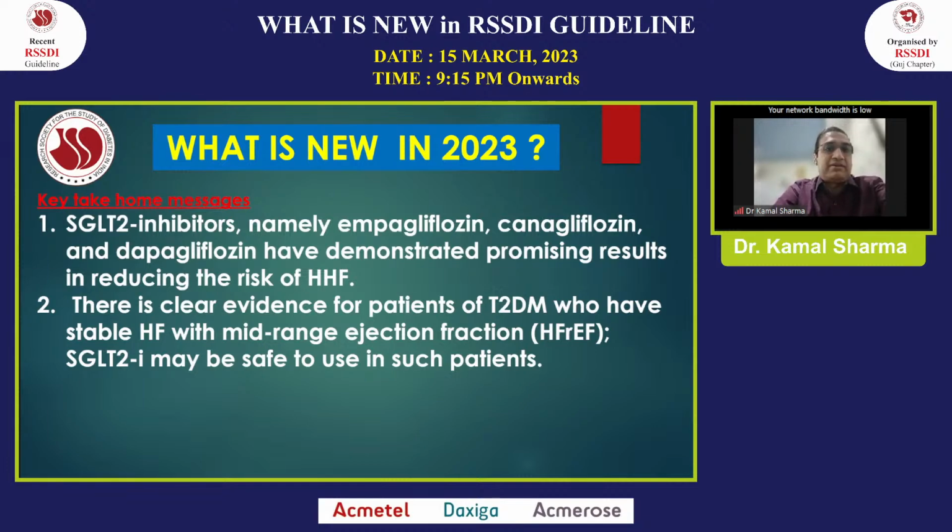But even there, we had good enough evidence to suggest reduction in heart failure hospitalization. So in patients who have HFrEF or stable heart failure with mid-range ejection fraction also, SGLT2 inhibitors are not only safe, but there is clear evidence to use them in patients with diabetes mellitus in stable heart failure as well. Next slide.